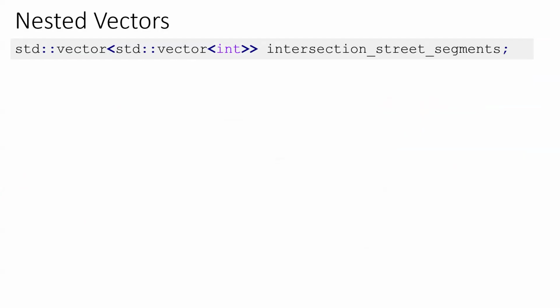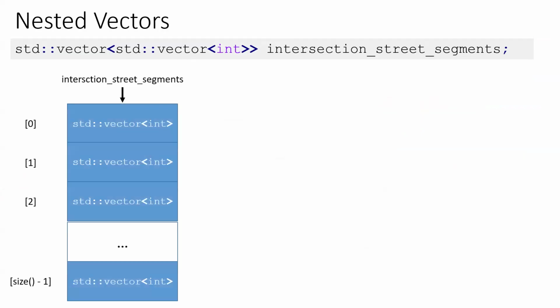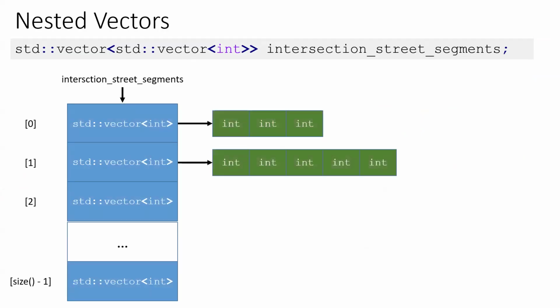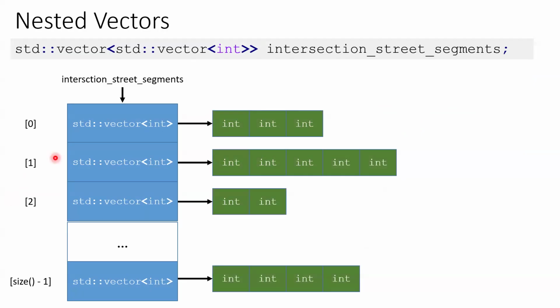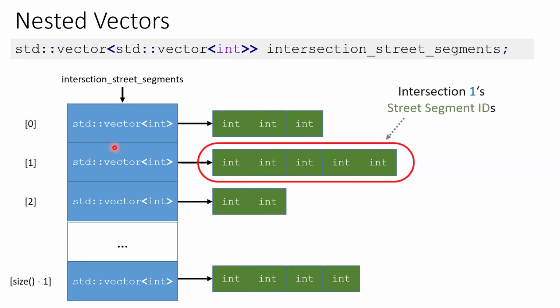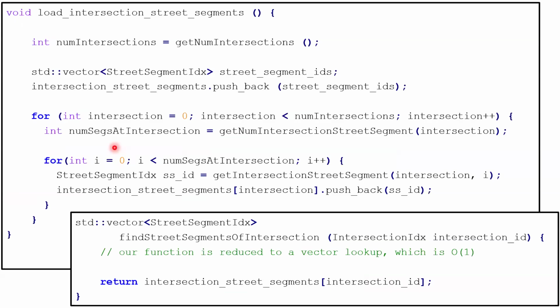That's a vector of integers, intersection street segments. And that's a vector that contains vectors for each intersection, the street segments connected to each intersection, as we did before. And here's the code.